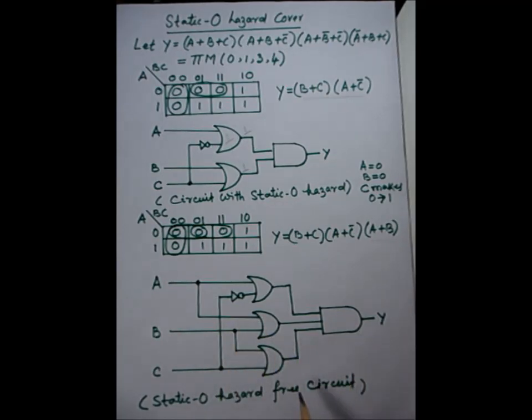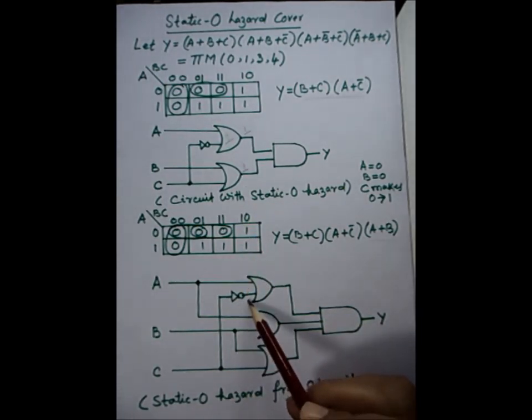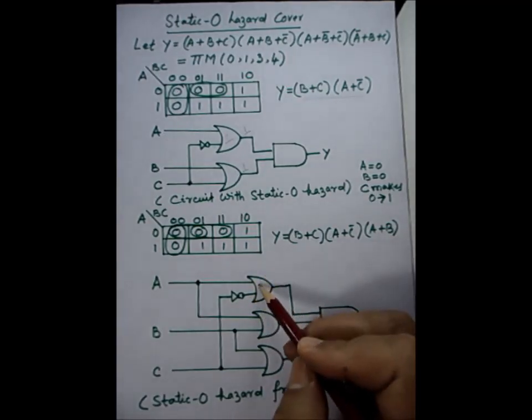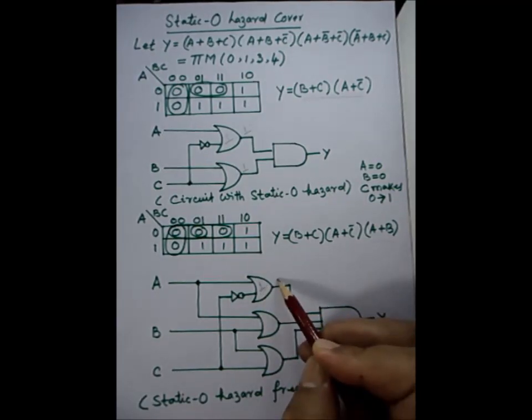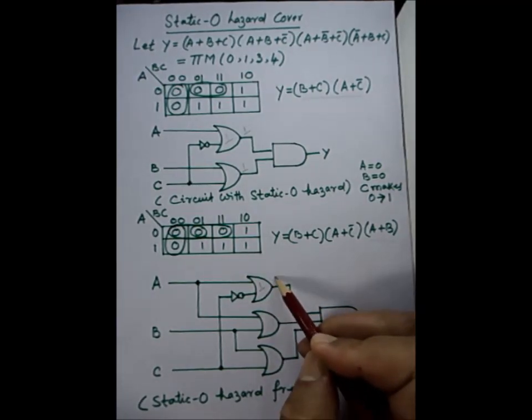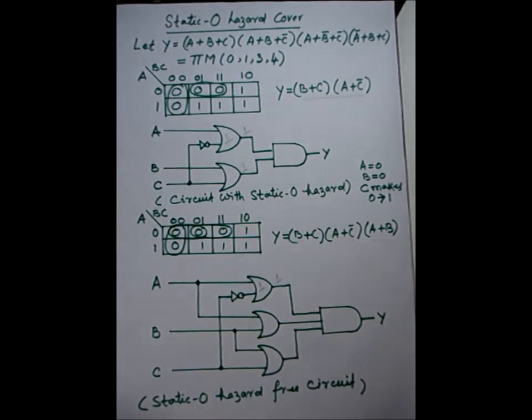In the previous case, because of the delay in the NOT gate, the output of gate number 1 was 1 for a small duration of time, and the BC gate was also 1 because C has a transition from 0 to 1.